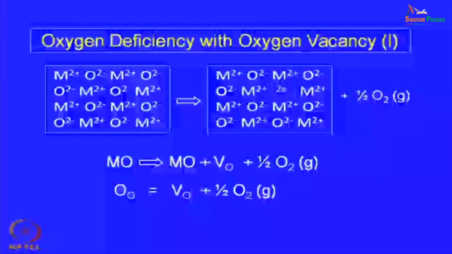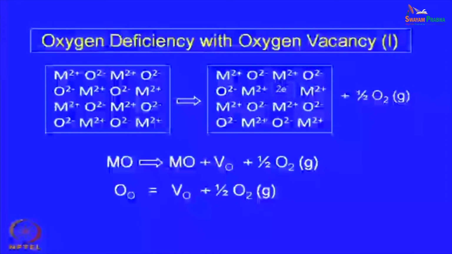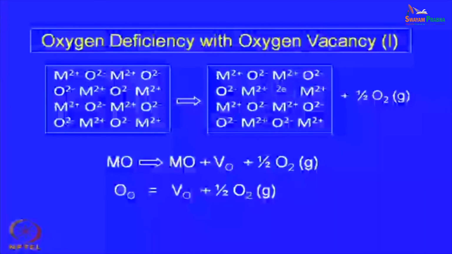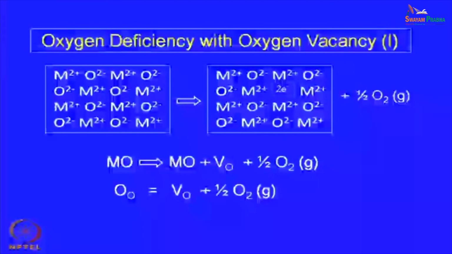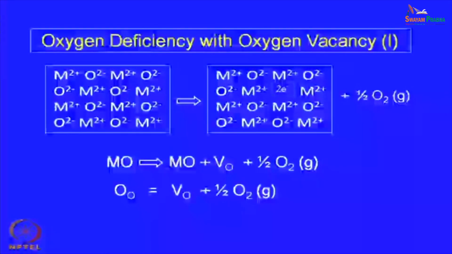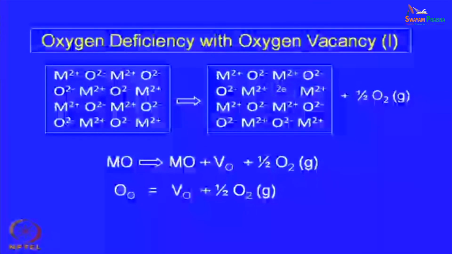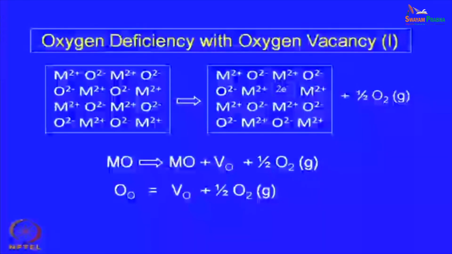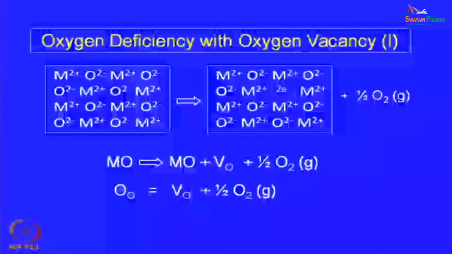Okay. So, we have two types of deviations, one is oxygen deficient or oxygen excess, which is equivalent, oxygen deficiency is equivalent to metal excess, both are basically the same, because we are only talking of the ratios. So, oxygen deficient or oxygen excess, or in other words metal deficient or metal excess, or metal vacancy.